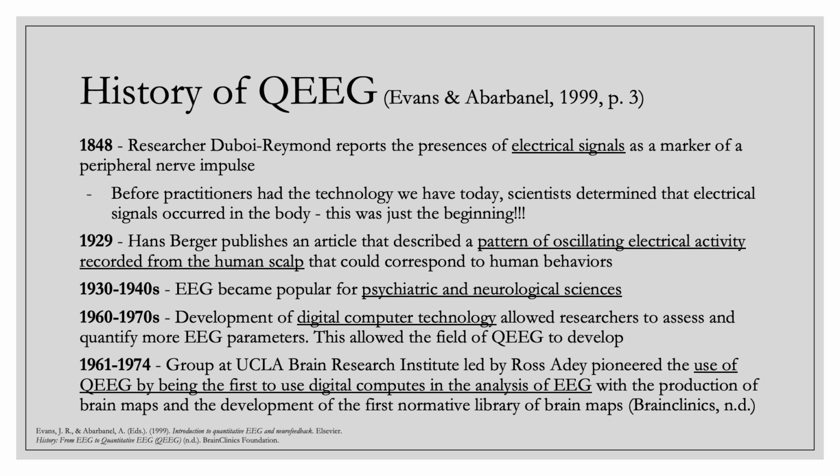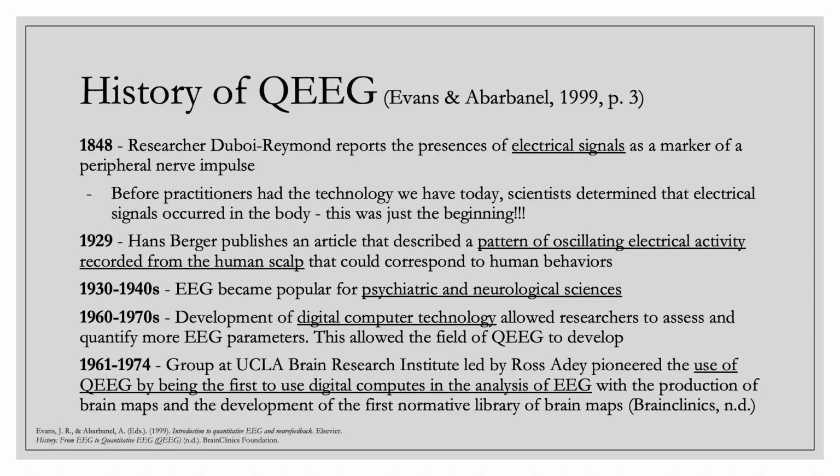QEEG are the quantitative metrics derived from the raw data, the squiggly lines. The way this happened over history was that a researcher named Du Bois-Reymond realized that in neurons, in nerve impulses, there are electrical signals that can be measured. Before this, we did not have the technology we have today, and scientists determined that electrical signals occurred in the body.